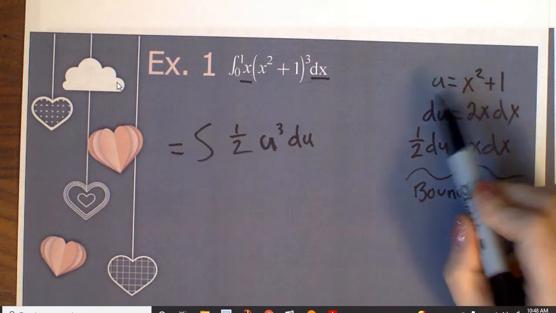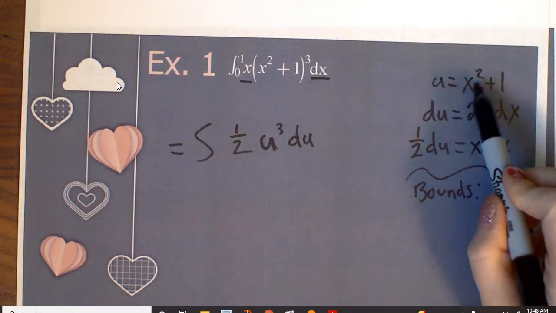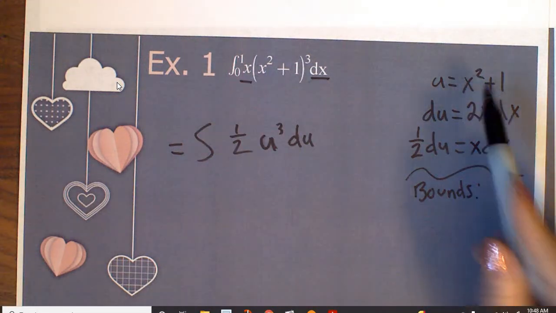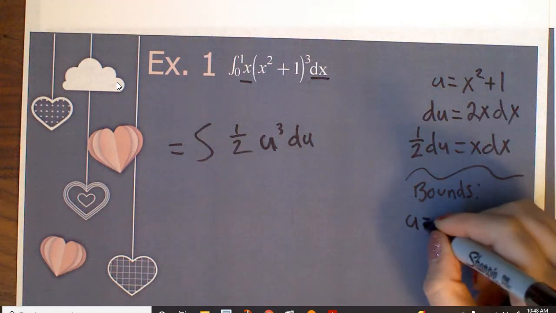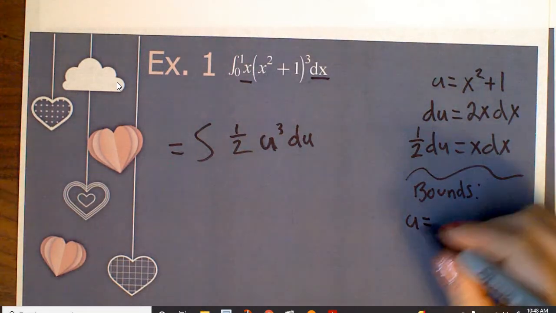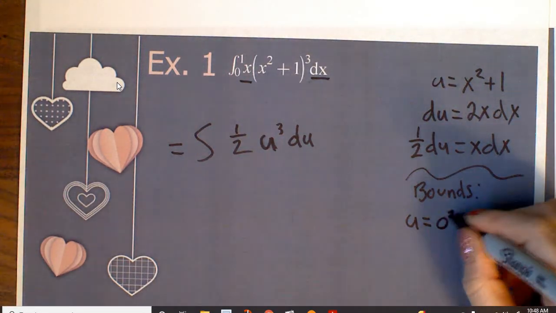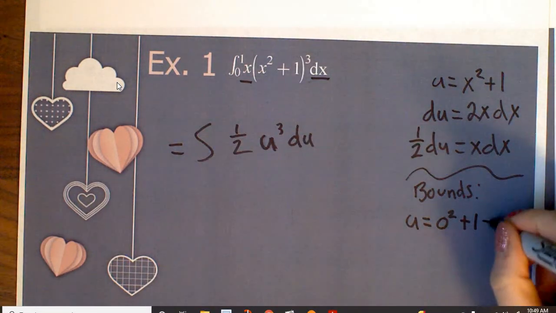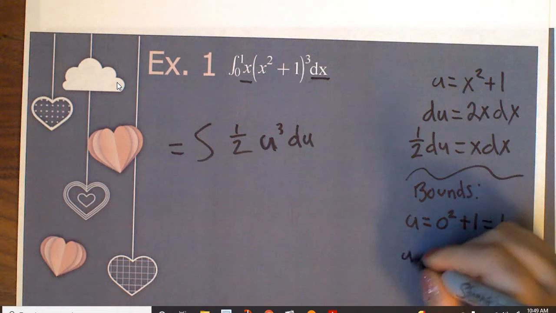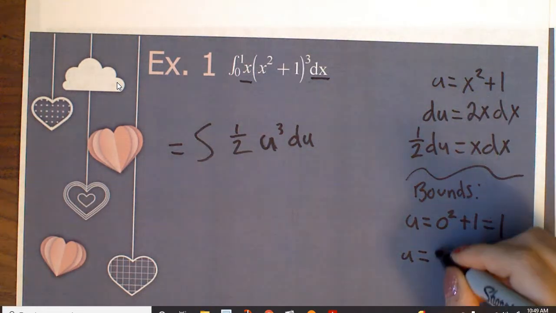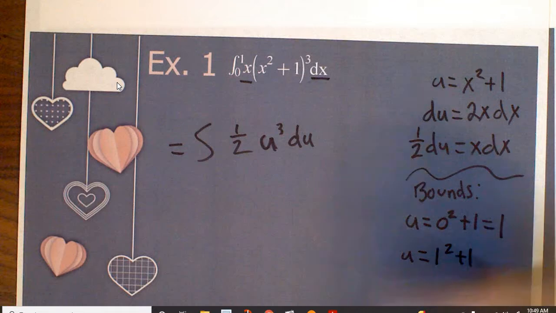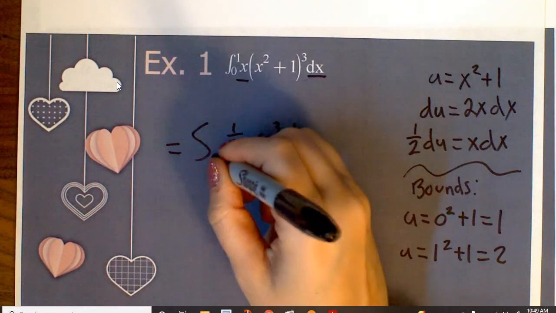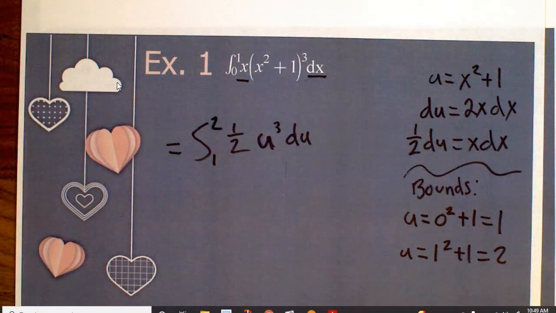I have an equation that has U in terms of x. We already said that my bounds are in terms of x, so we want to say what will U equal when x is 0, my first bound, and we get 1. And then what will U be when x is 1, my second bound, and we get 2.